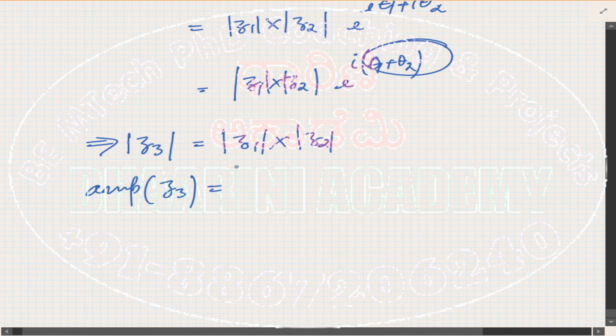We are expecting a theta over there. Instead of theta we have theta 1 plus theta 2. So this is nothing but the argument of z1, theta 1, plus the argument, sorry about that, of z2.